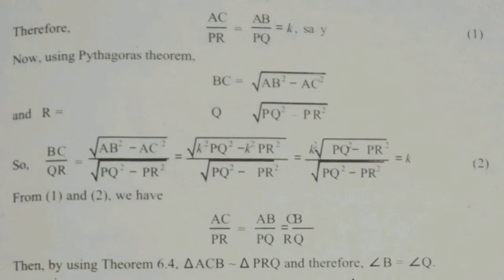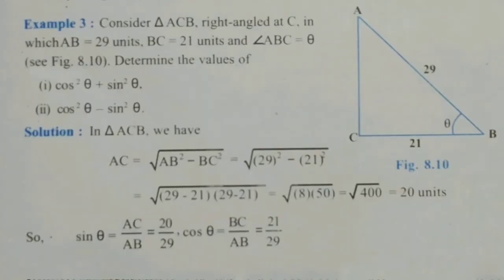CAST. In example 3, the measures of two sides and an angle of a right angle triangle are given, and we are asked to determine the value of the combination of the trigonometric ratios of this angle. If we know two sides of a right triangle, the third side can be worked out using Pythagoras theorem.